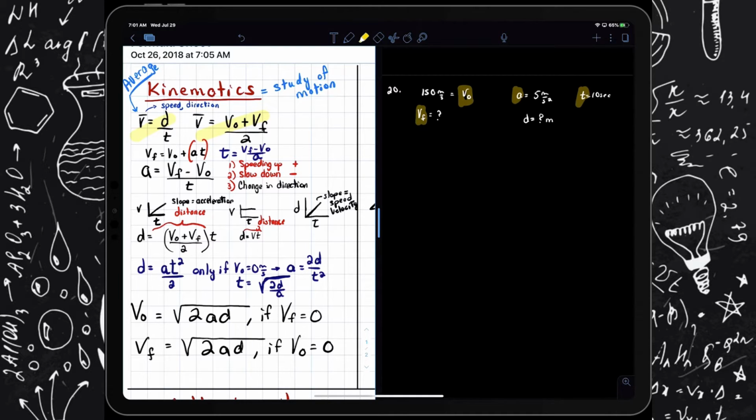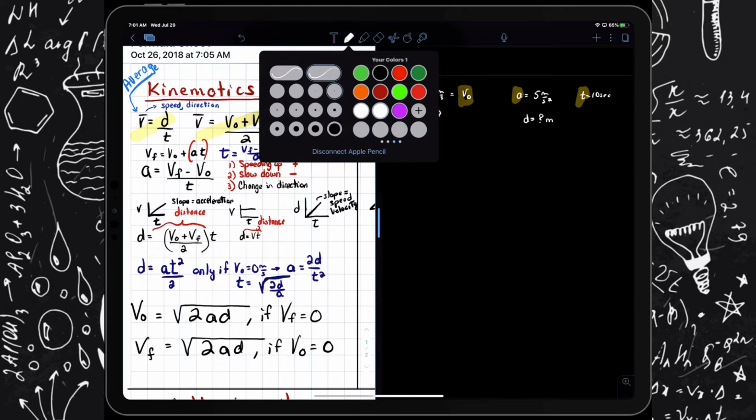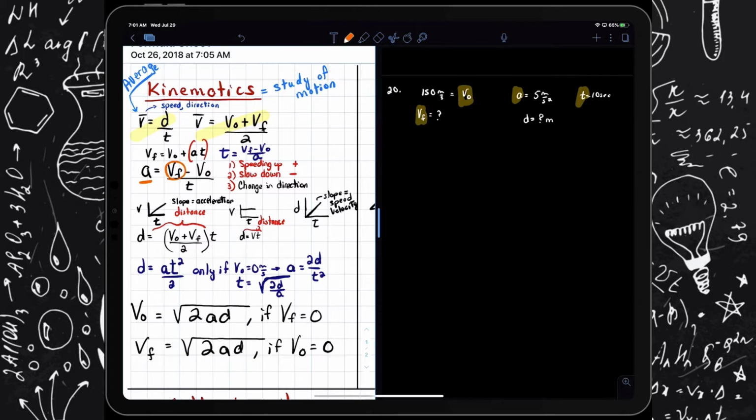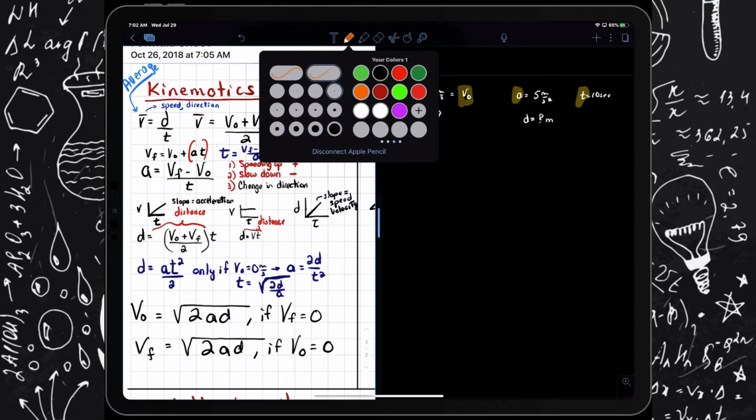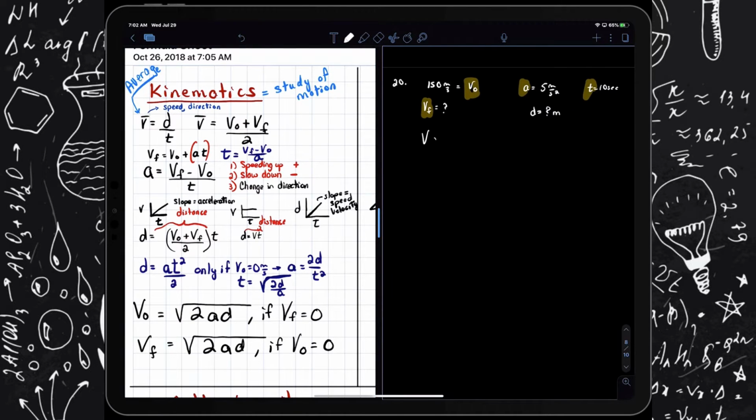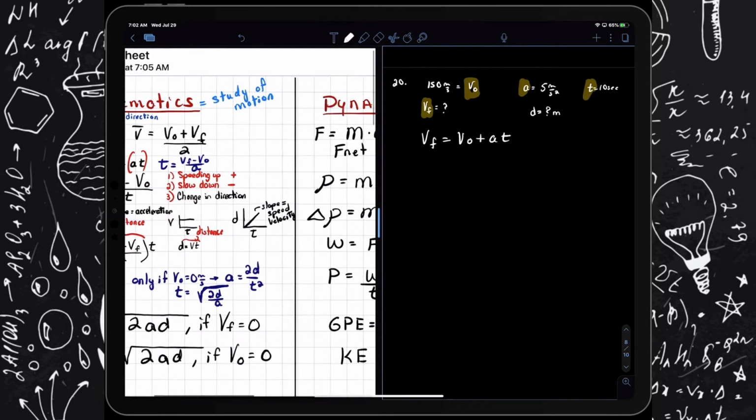I could have the equation where we're trying to solve for the acceleration because you have VO, VF, T, and A, but it's not solving for VF. The VF isn't on that side. But if we take the rearranged acceleration equation and look at it rearranged right here, doesn't that match up with all the variables? Yeah, so we can use that. All right, so let's use that. We'll put this down: VF equals VO plus A times T. All right, so we'll plug in your variables.